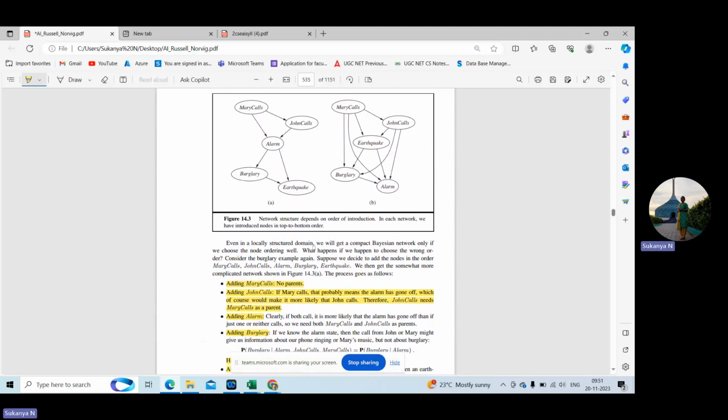Okay, so next we have compactness and node ordering.